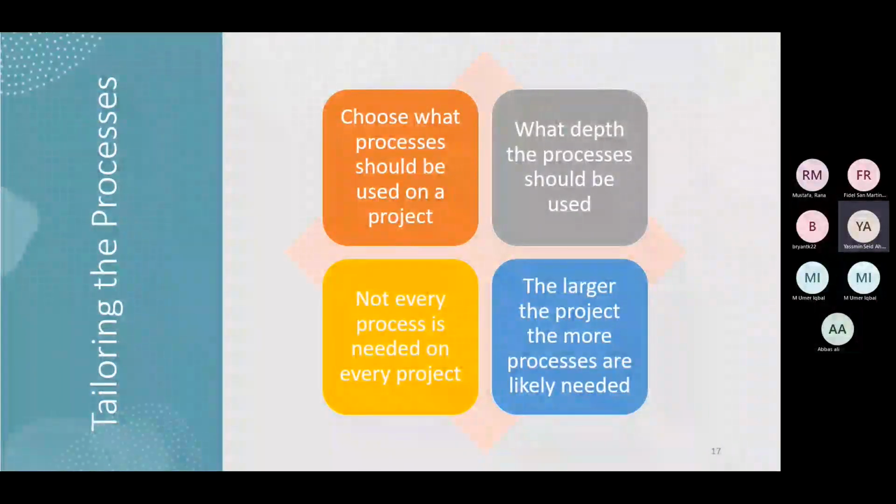So the project manager is the one who will be doing this. And for that, the project manager needs to collaborate with multiple stakeholders to ensure that the process is tailored based on these factors that we just discussed.